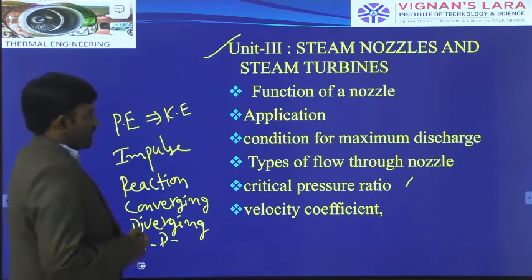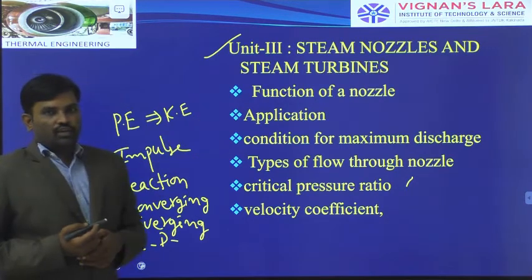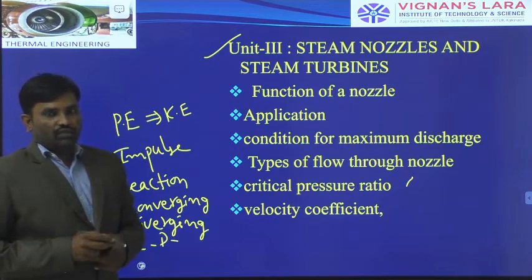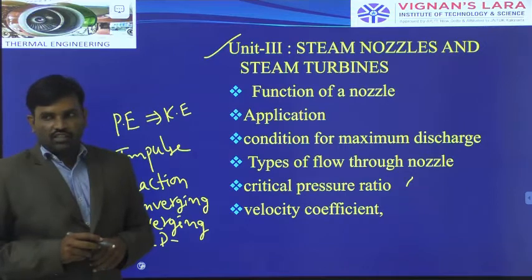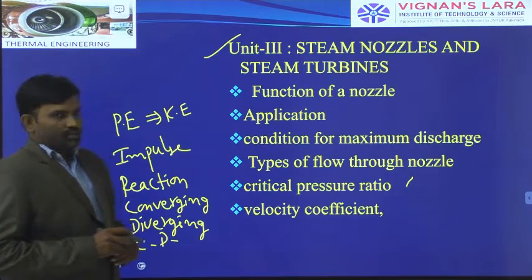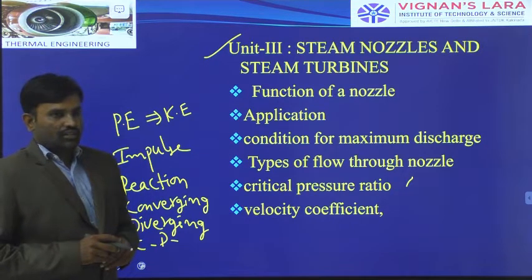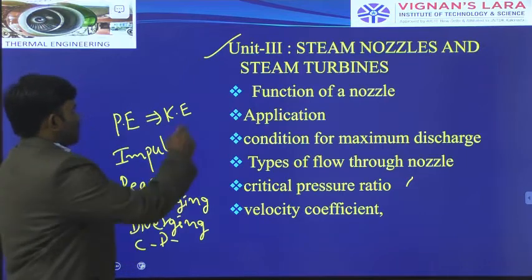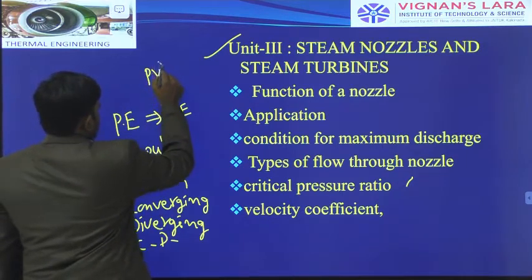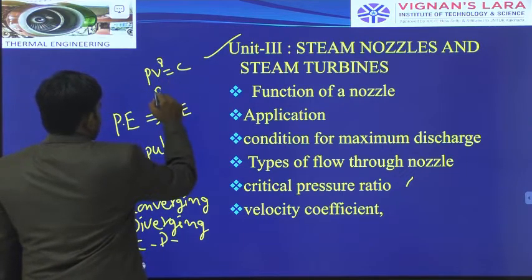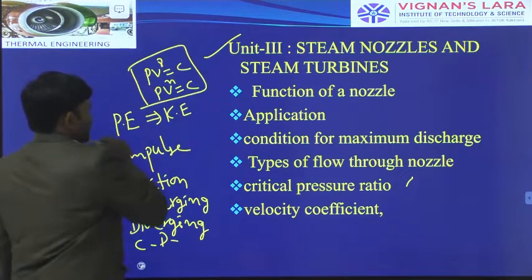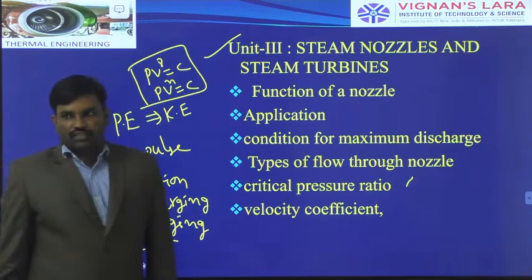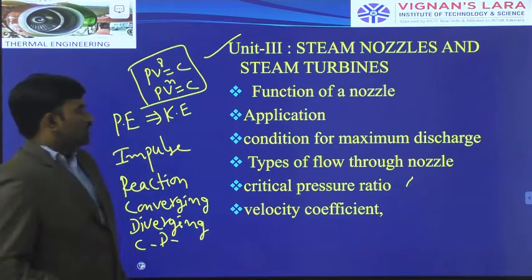Through the body, we make the steam flow, and during that flow, expansion takes place, and that expansion follows one thermodynamic process. Generally we use an adiabatic process or isentropic process for expansion of steam inside the nozzle body.